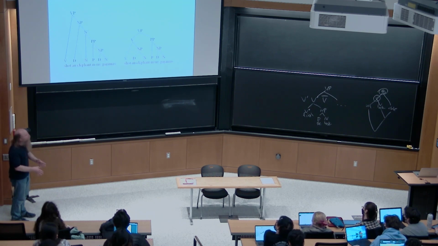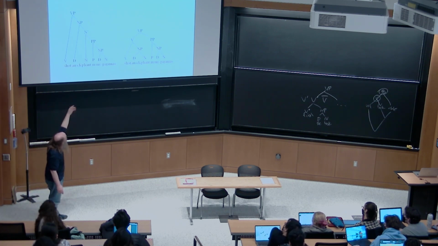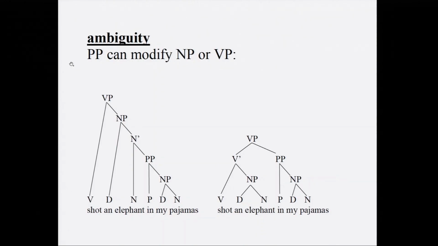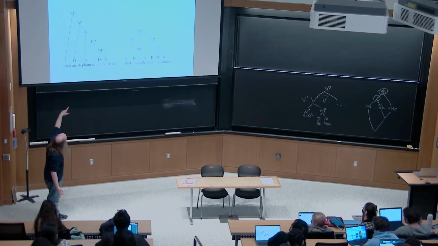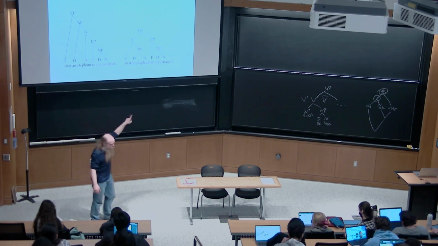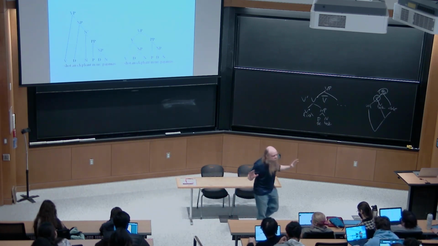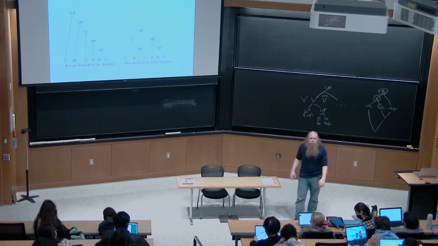So my pajamas is an NP because it's the highest node that has an N that comes from pajamas. And then there's a higher NP that's right under the VP, right? That you merge together with the verb. And that's an NP that's got its label from elephant. So there are two NPs here, one of them coming from pajamas and the other coming from elephant. That's a very good point. What you're pointing out is that when I said the highest thing with the label N, I was being too fast. That's the highest thing with a given label N, and we have to distinguish N's from each other.